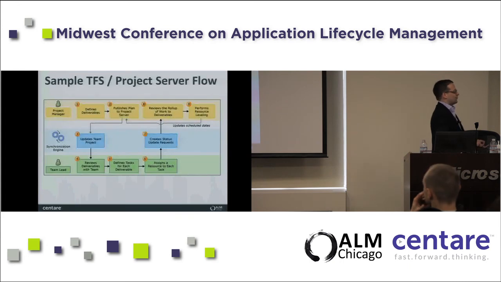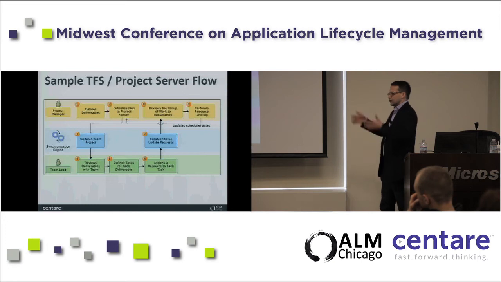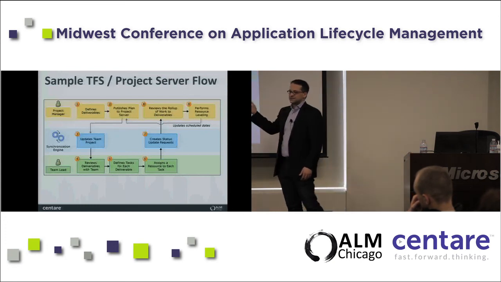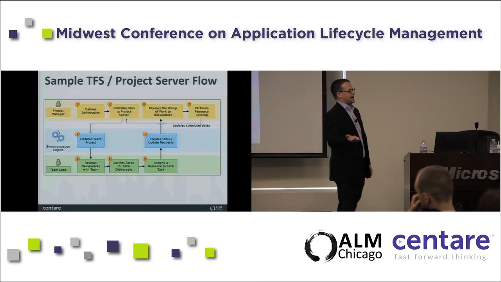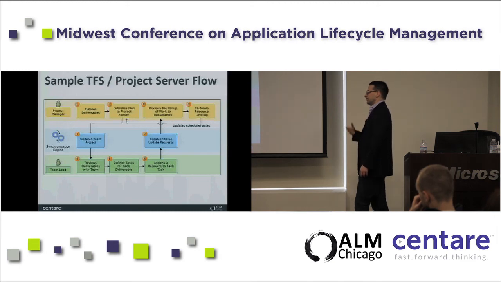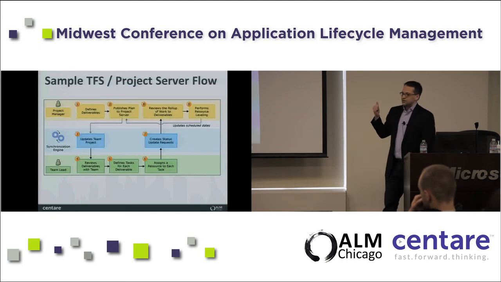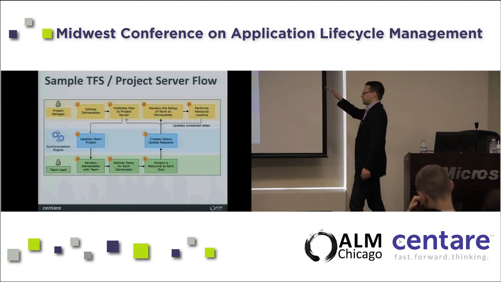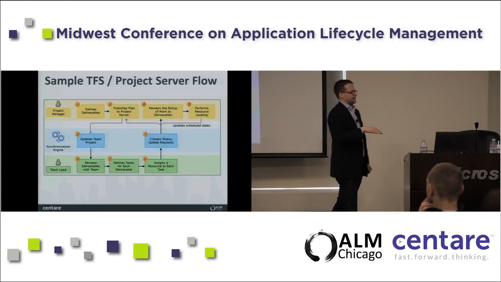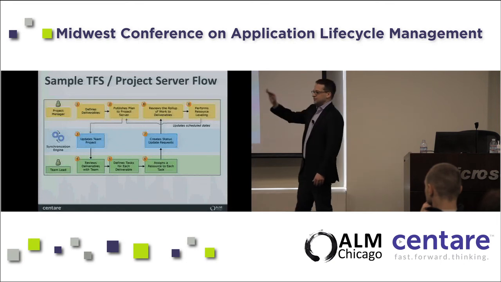A way that it might work is that you can come into Project Server, create a bunch of stuff in a project plan, save it back to the server, and then a synchronization engine running in the background will publish those changes back into Team Foundation Server. In the demo I'm going to do in a few minutes, you might come through as a Project Server person, come up with a list of requirements, plug that into your project plan, and then say to the team, hey, could you go task out these user stories?